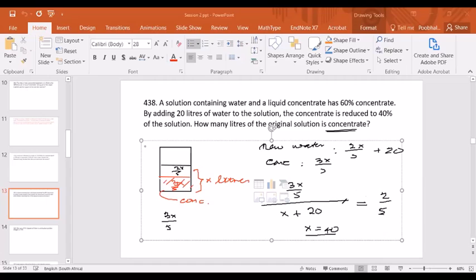That's 3 times 40 over 5, which gives you 24. So the number of liters in the original solution which is concentrate is 24 liters.